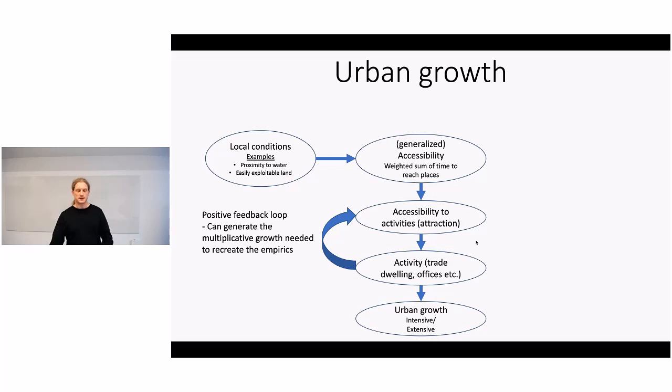That is basically that when the activity increases in some place, then that also increases the attraction in places close to that one. So if the city center grows, then the outskirts of the city become more attractive because you have access to more activities, more choices in the city center. And this kind of positive feedback loop is one way that can create those uneven distributions, that can explain that just 2% of the built area holds 50% of total land value.